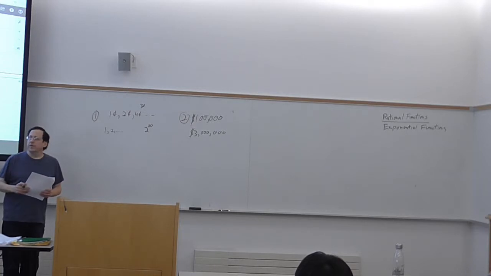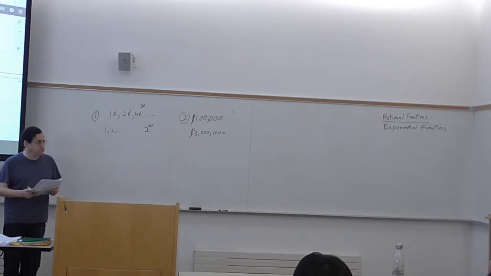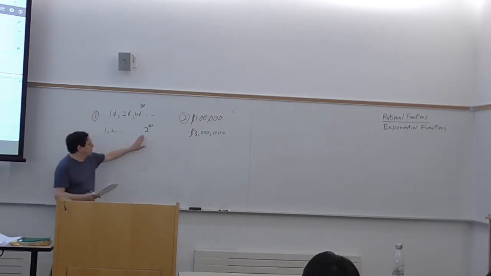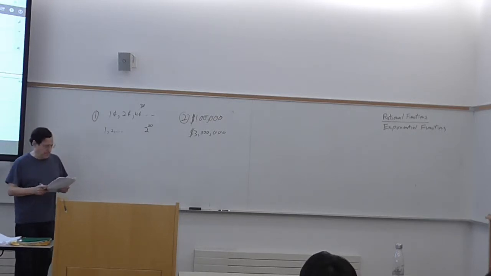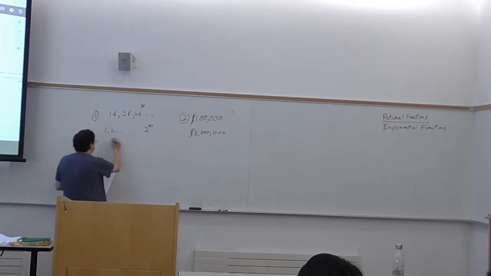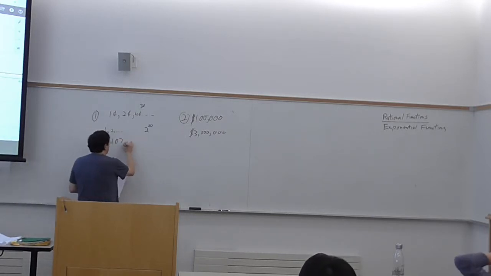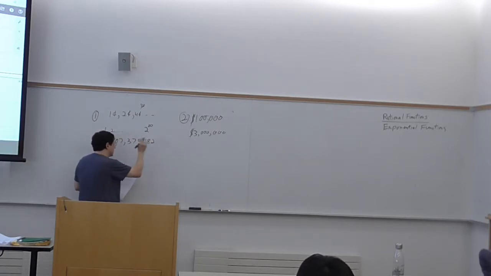Someone have a calculator? You want to tell me what 2 to the 30th is? Remember, that's just what we're going to make on the last day, right? Yeah, it's ginormous. I can read it out to you. Okay. 1,073,741,824.